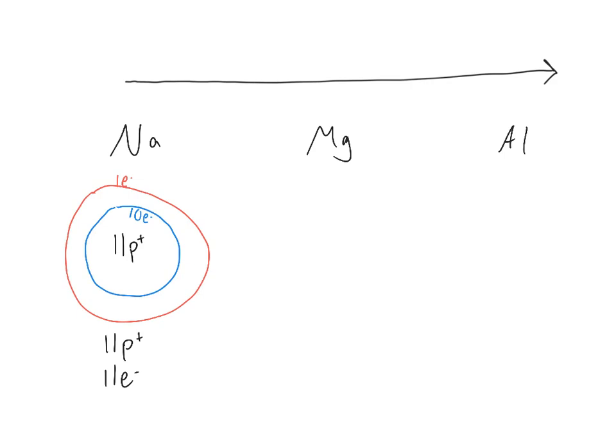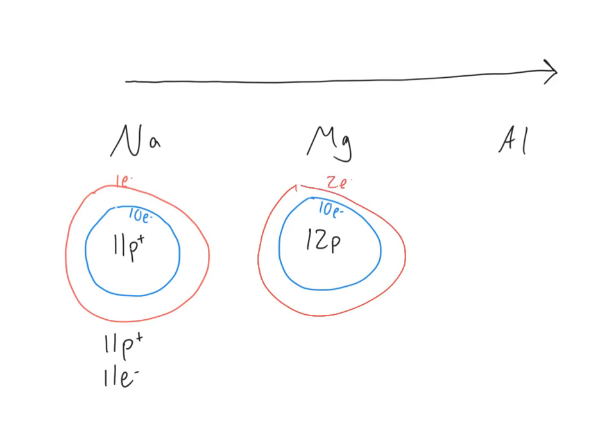In the case of magnesium, we're now going to have our 12 protons. We also have 10 core electrons. And now we have 2 electrons in our outer shell. And so with magnesium, we've got 12 pluses pulling on 12 minuses.